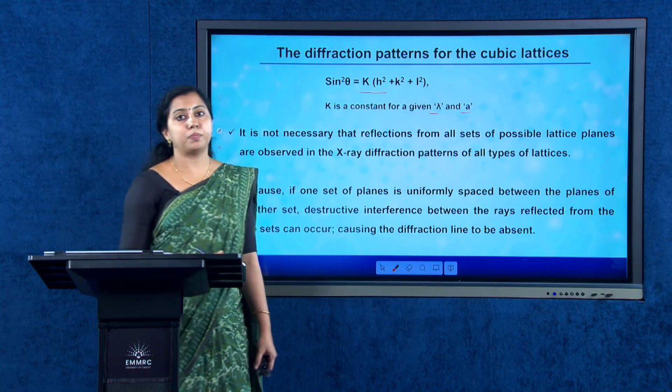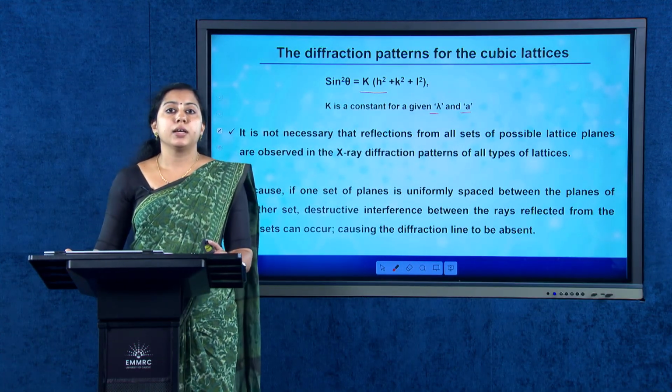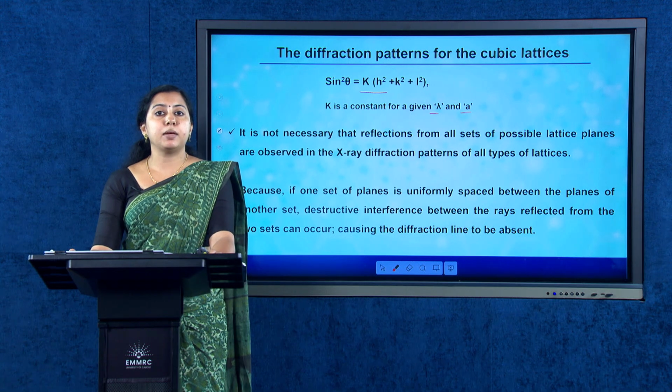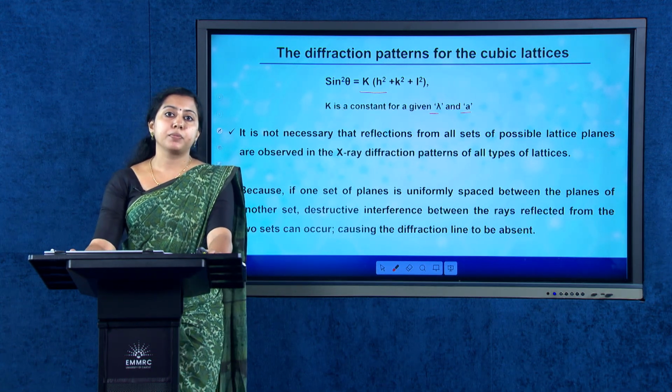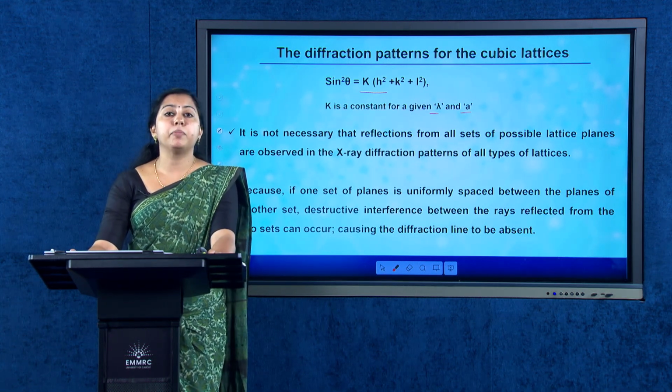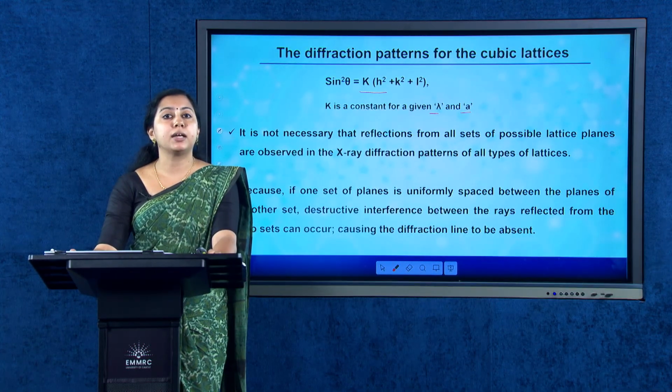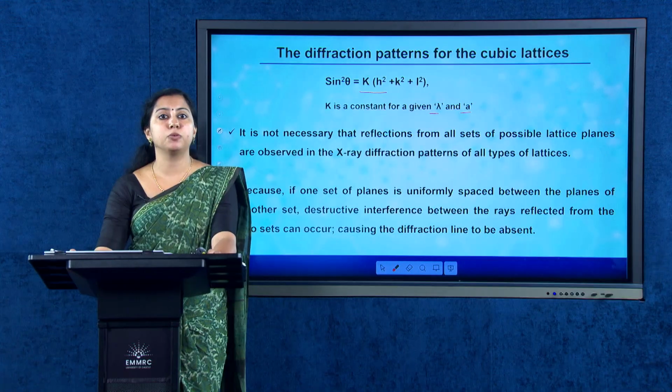Now, it is not necessary that the reflections from all sets of possible lattice planes are observed in the X-ray diffraction patterns of all types of lattices. While discussing the powder method, we have seen that there are a large number of reflections possible from lattice planes because a large number of planes satisfy Bragg's law.